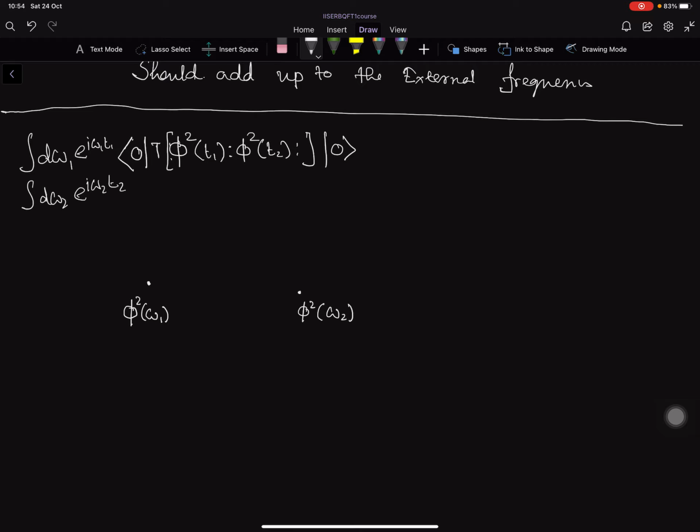Now two lines will come out of it, and similarly two lines will come out of the other, and we simply have to connect them. Now I said that every propagator will come with different frequencies. So let's say the frequency of this propagator is omega tilde 1, and the frequency of this propagator is omega tilde 2. So every propagator comes with its independent frequency.